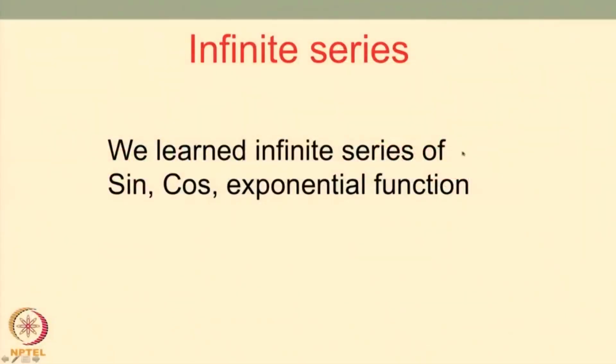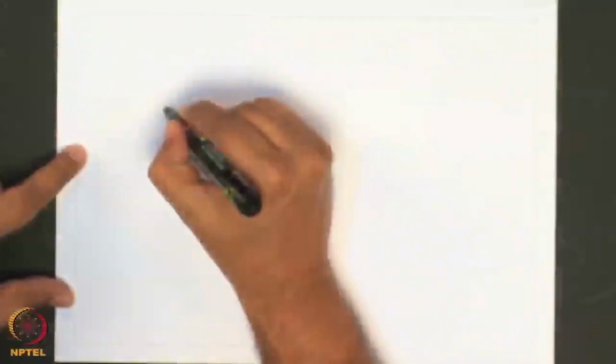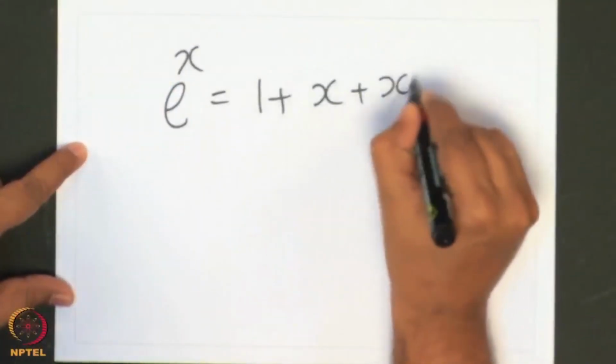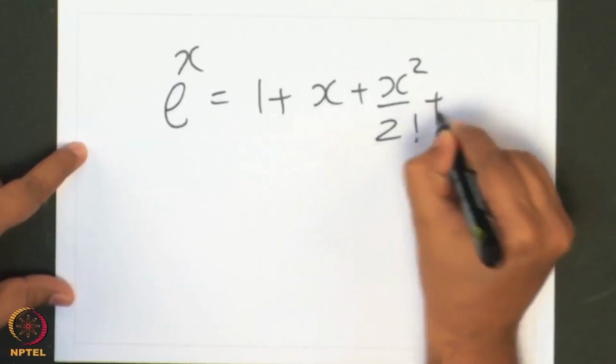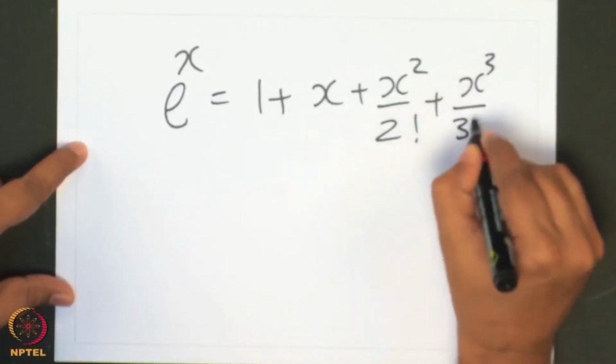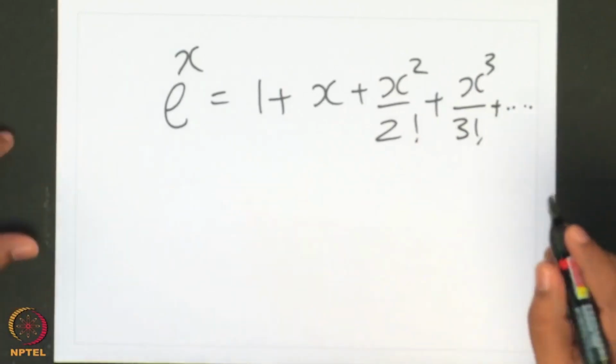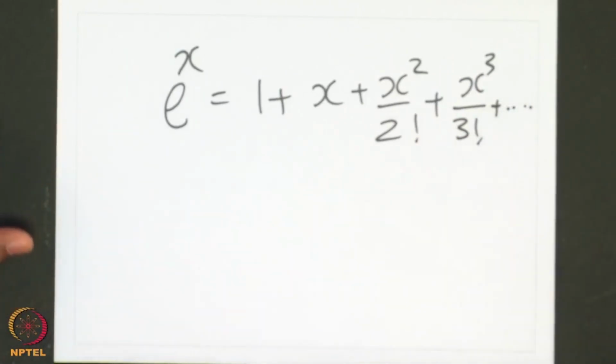We learned infinite series of sine, cos and exponential function, for example, that e power x can be written as 1 plus x plus x squared divided by 2 factorial plus x cubed divided by 3 factorial plus dot dot up to infinity. So finally, you'll have x power 10, x power 100, and this whole thing is e power x.